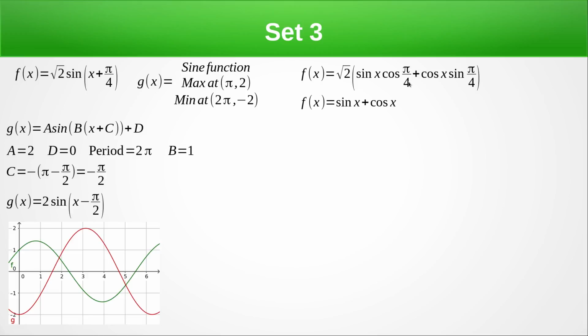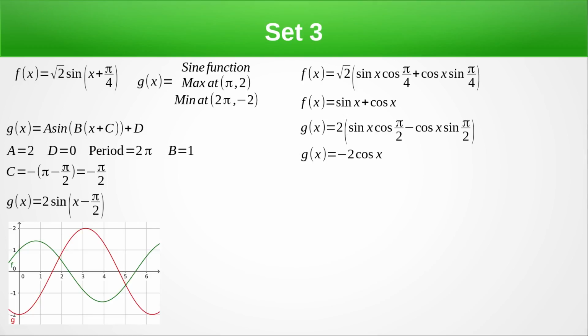So pi times 1 over root 2 cancels, leave the sin x, and sine of pi over 4 is 1 over root 2 as well, so we just get cos x there. So okay, we've simplified that, so we're now going to do this one here by expanding, and here we get minus 2 cos x, and that's because cos of pi over 2 is 0, so this all goes. Sine of pi over 2 is 1, so we've got minus 2 cos x.